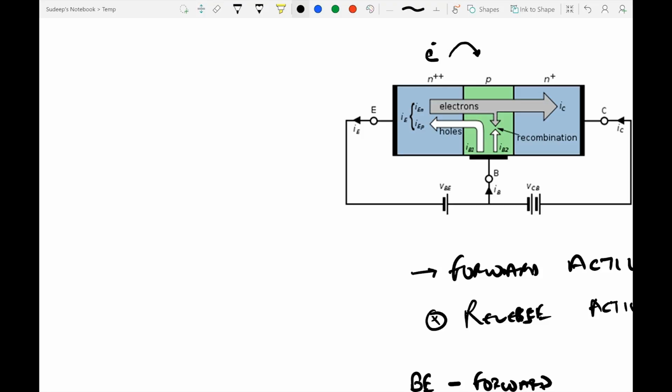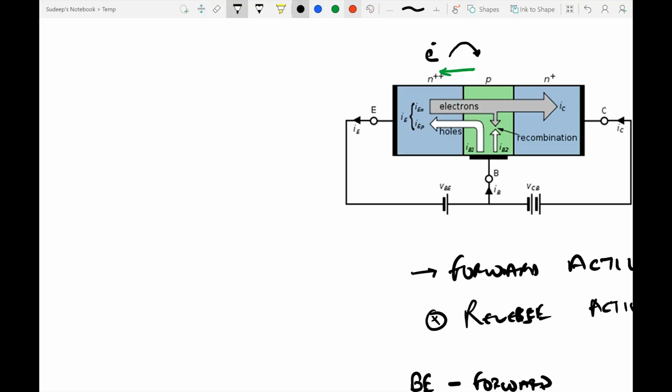This is what we understood when we were looking at the working of diodes, where in a forward bias the junction becomes very small and offers very low resistance to the flow of electrons. So we would see the electrons moving from the n-side emitter to the p-type base, and also a flow of holes from the p-type base to the n-type emitter. This would cause a current flow.